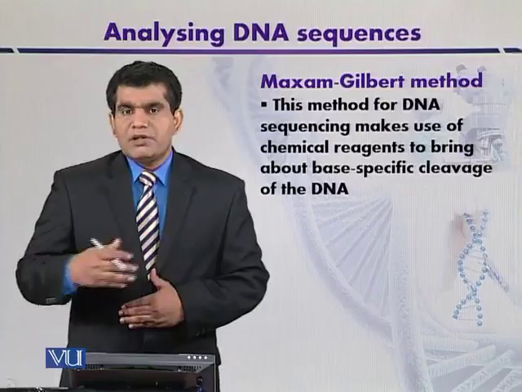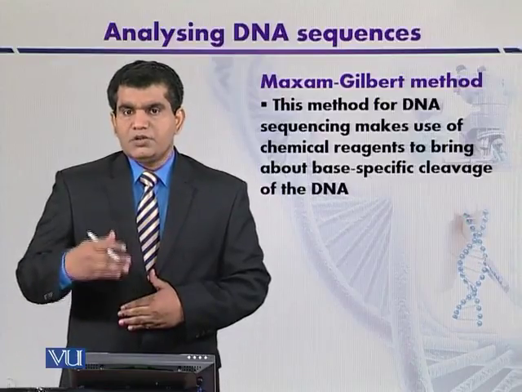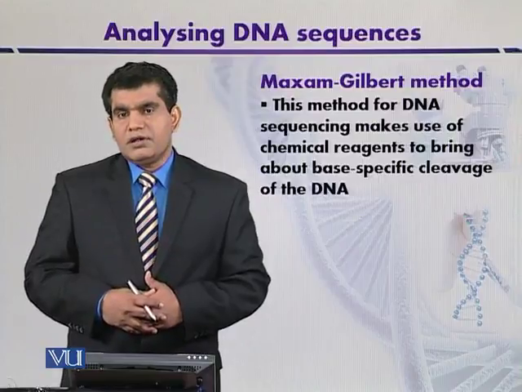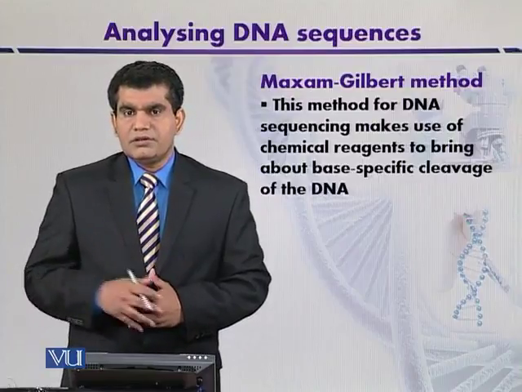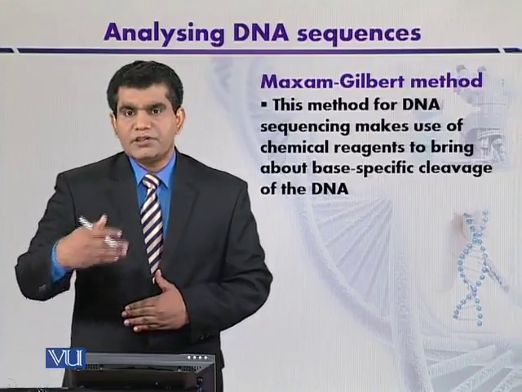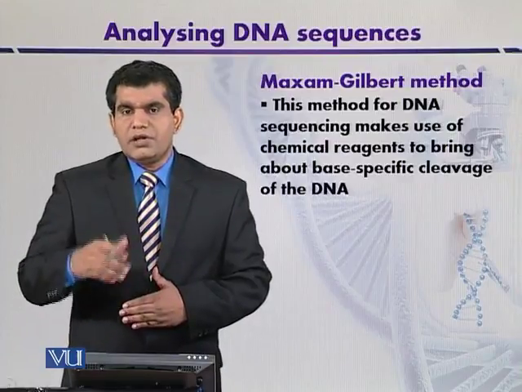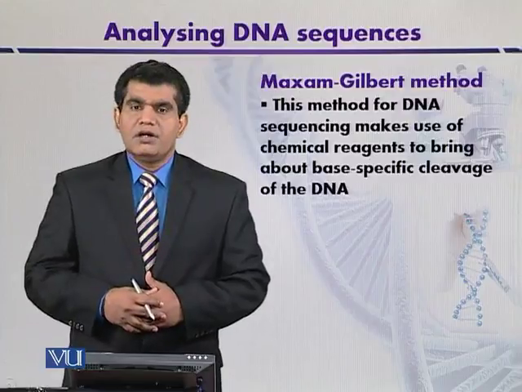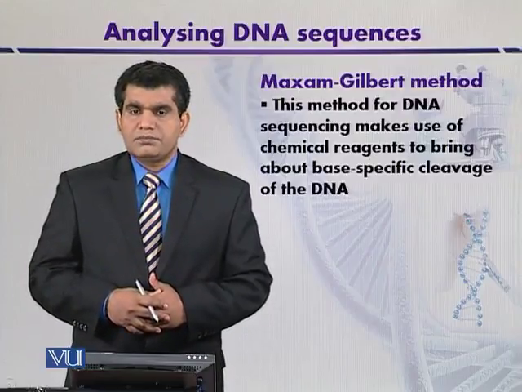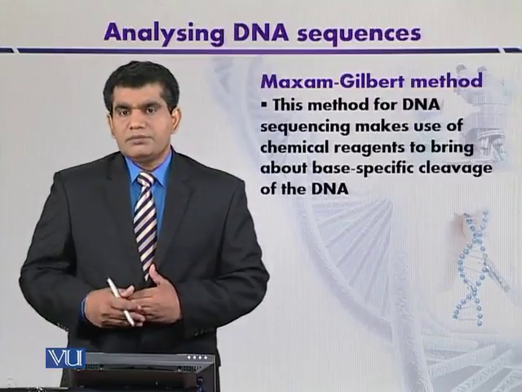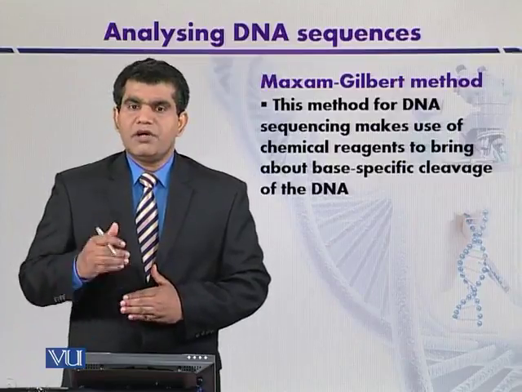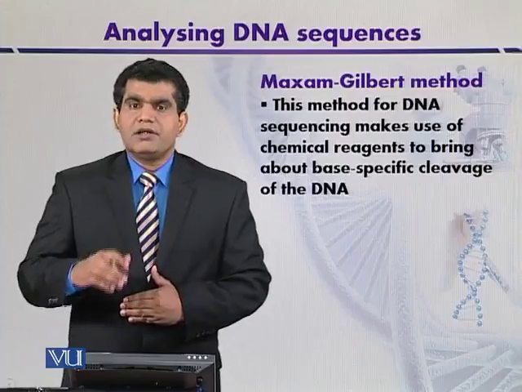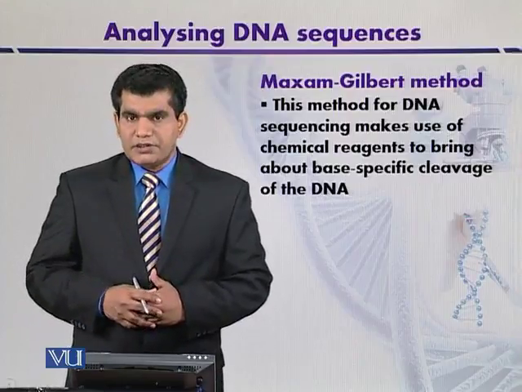In the Maxim and Gilbert method, we basically perform 4 or 5 reactions, separately for each base. These different reaction mixtures can be performed in different Eppendorf or test tubes. For example, for guanine there may be 1 reaction mixture, and this base can be altered by its respective chemical reagent.